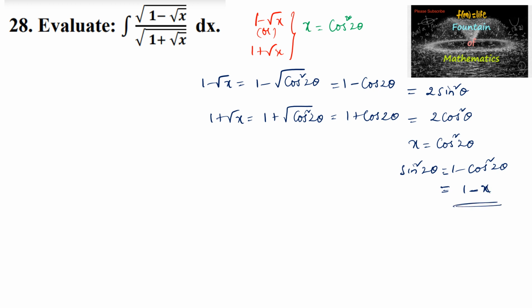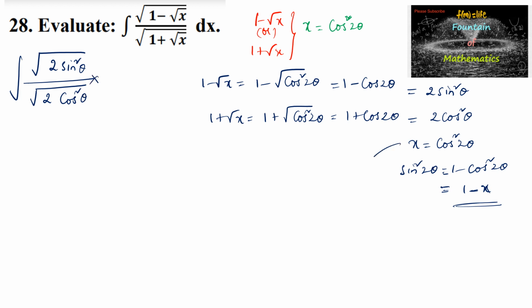And now our integral, root of 1 minus root x, is nothing but root of cos square 2 theta. So we can write it as root of 2 sin square theta upon root of 2 cos square theta, which is 1 plus root x, into dx.